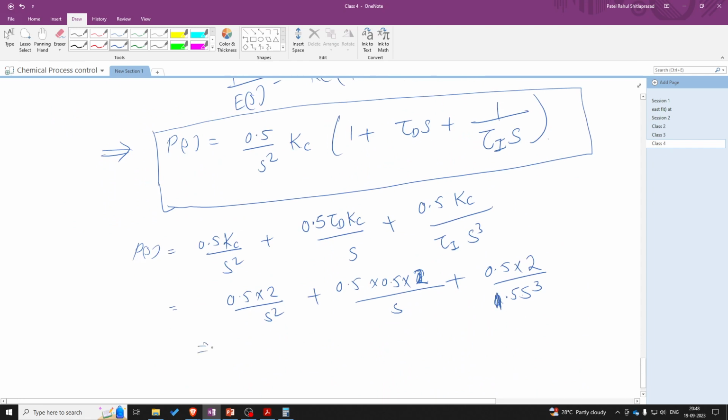Simplifying this further, we will get 1 upon s square plus 0.5 upon s plus 1 by 1.5 s cube.